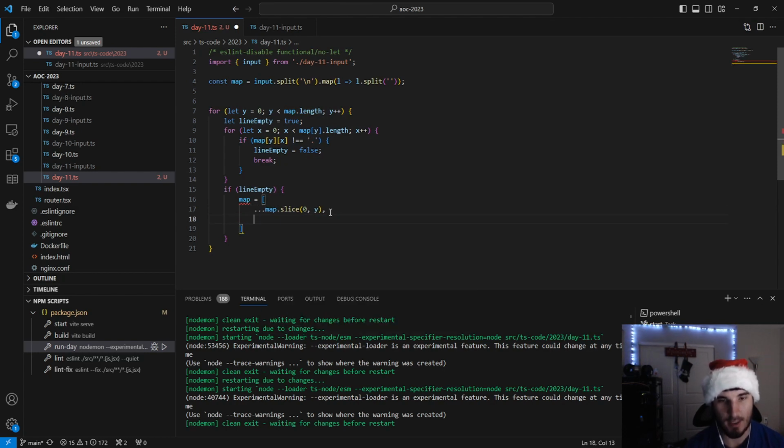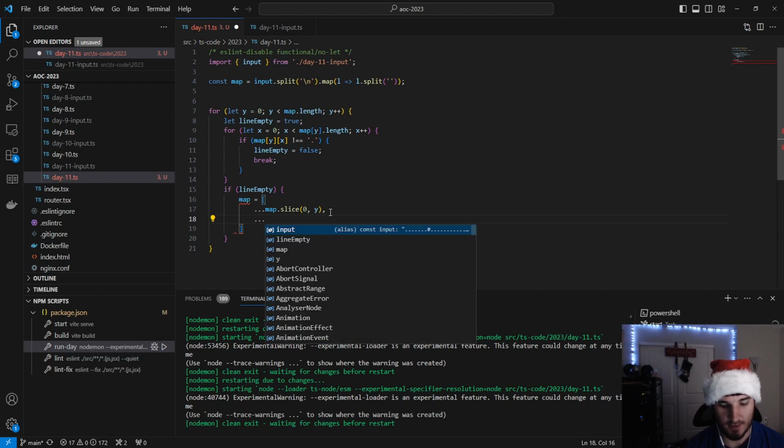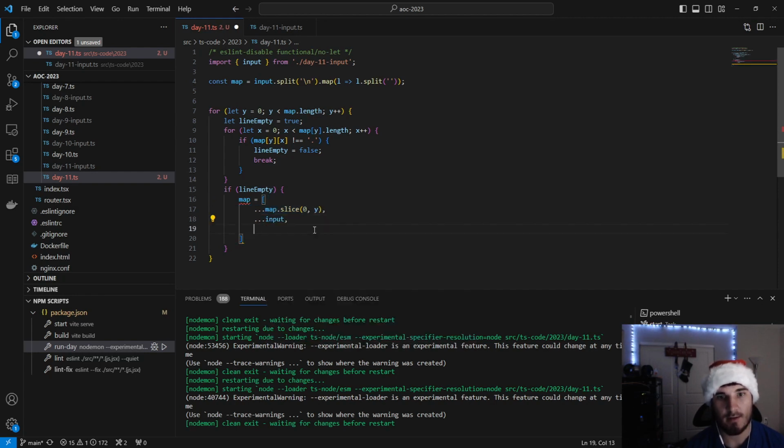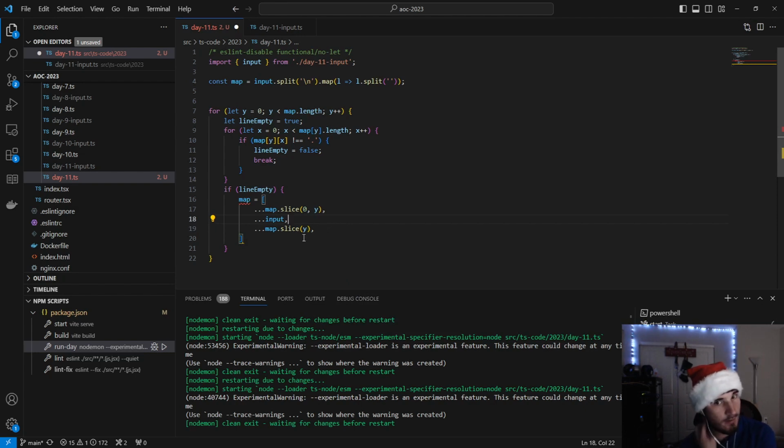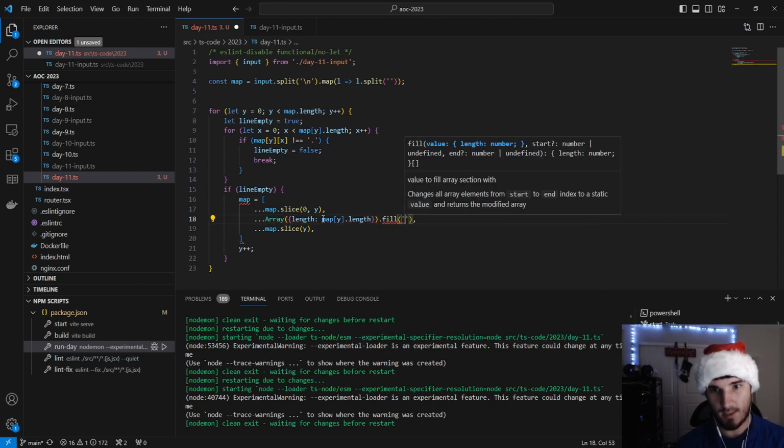And then we'll have to do something here, and then map.slice from y on. And then we'll also have to increase y by 1 to account for this. So it's not going to be input, it's going to be array length, y dot length, fill with empty.